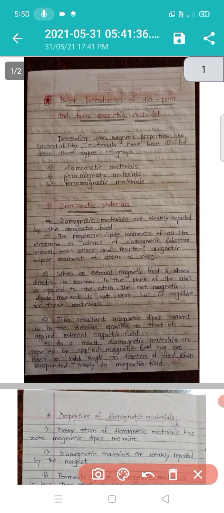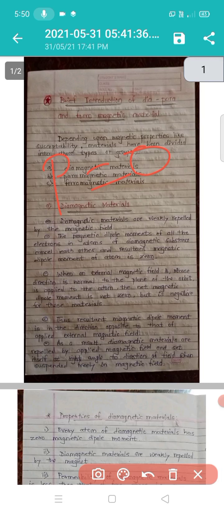The magnetic dipole moments of all the electrons in atoms of diamagnetic substance cancel each other and the resultant magnetic dipole moment of the atom is 0. When an external magnetic field B is applied whose direction is normal to the plane of the orbit, the moment is negative for these materials.